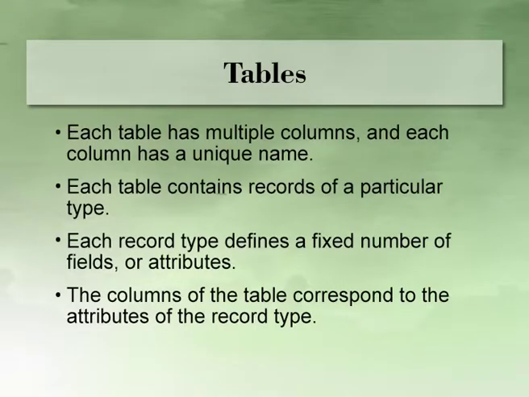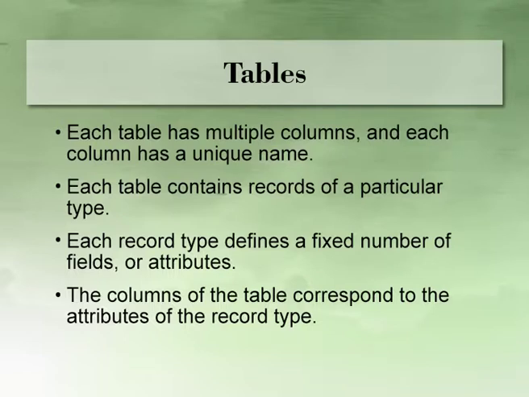The basic construct, or the basic relational instance, is called a table, and each table has multiple columns. You can call them fields, attributes, whatever you want, and each column has a unique name.